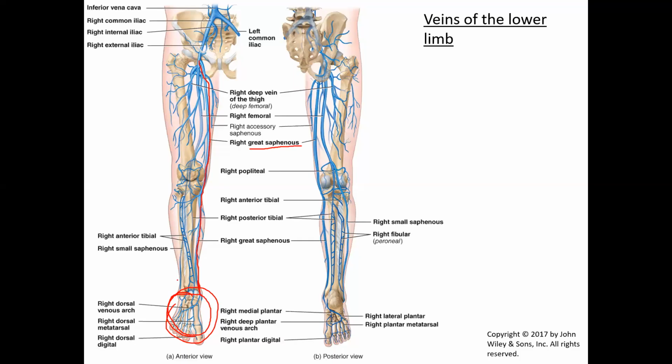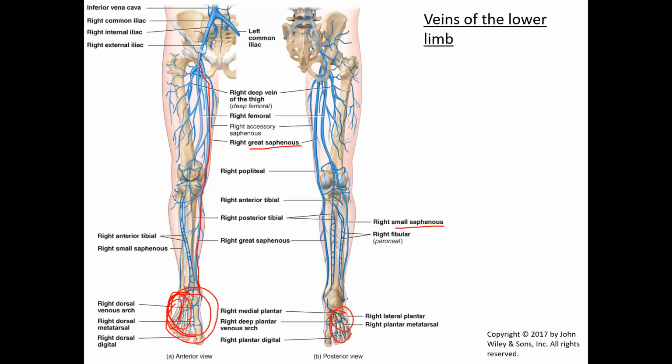We are also going to have, here we'll look on this side, a small saphenous vein, which is also very superficial. That's going to drain a bit of the lateral side of the venous network, so this area, and this area as well, okay?